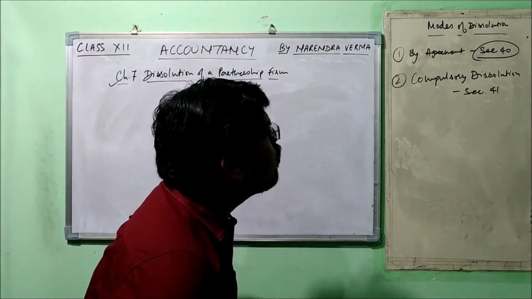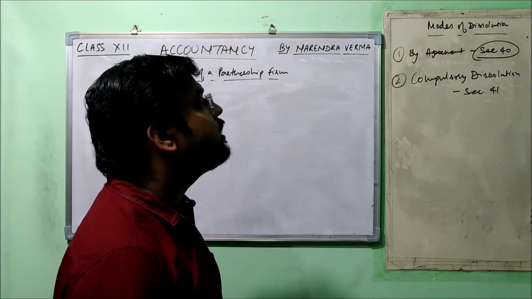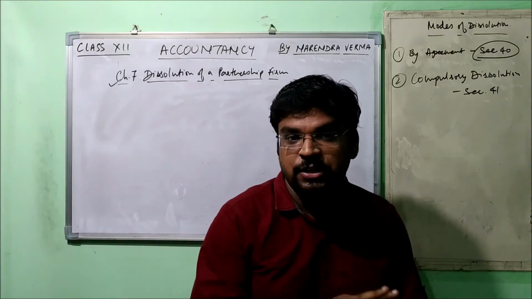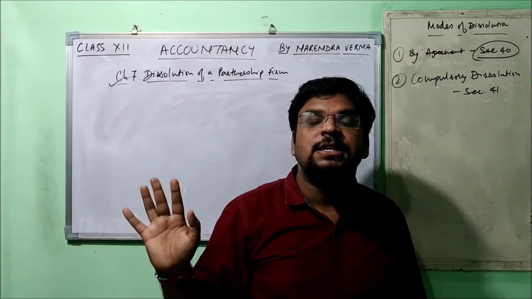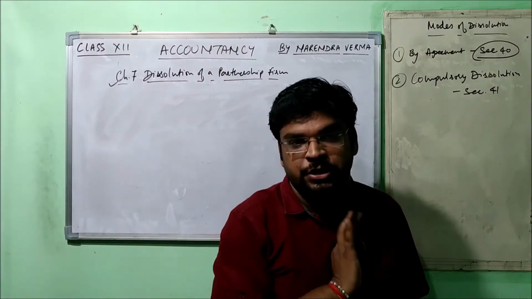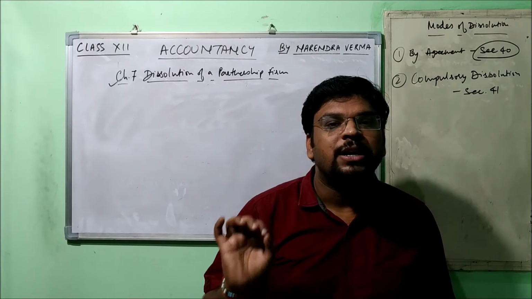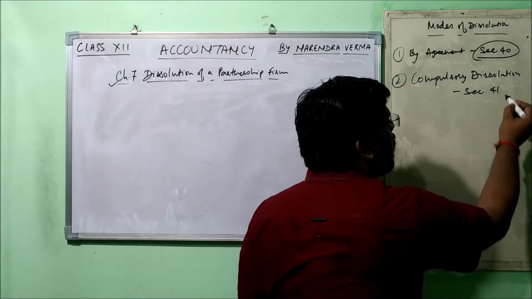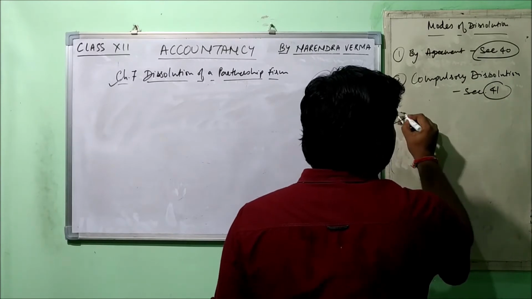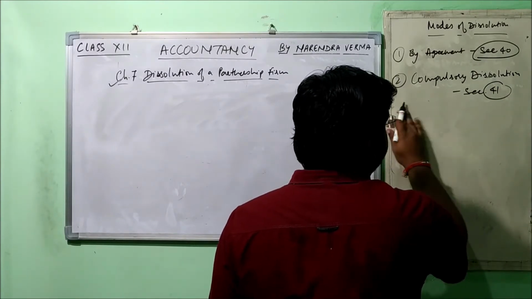So the second mode of dissolution is compulsory dissolution. Here there is no wish, no agreement needed. This is a kind of compulsory situation. Under Partnership Act 1932, section 41, two situations are given.